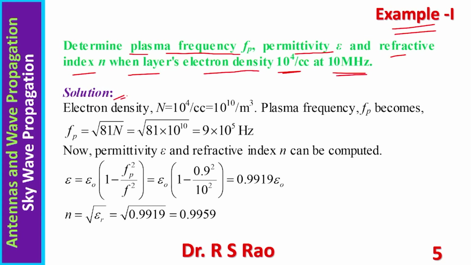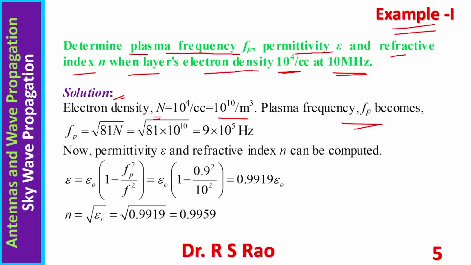Solution. First we have to convert electron density into MKS system. N is given as 10 power 4 per cc. In per meter cube it becomes 10 power 10 per meter cube.